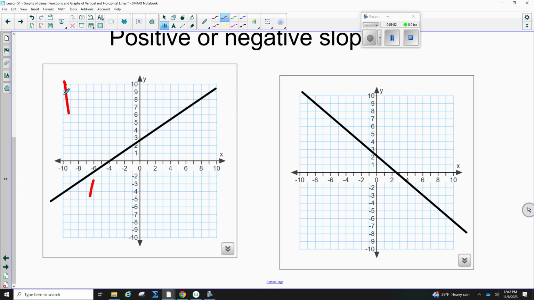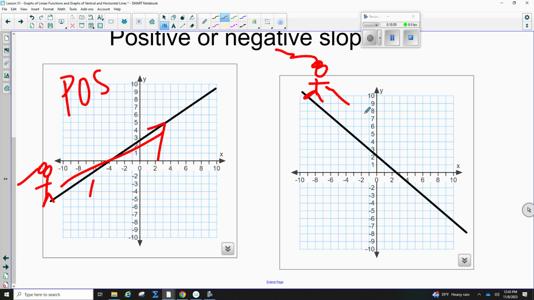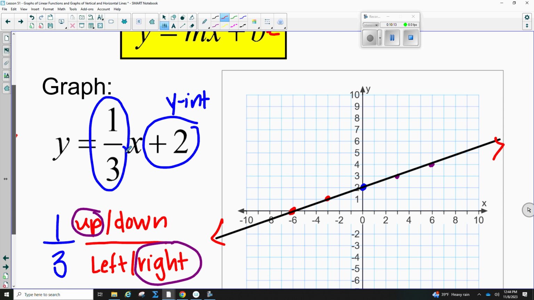You always read from left to right, and so put your little skier man, he's going uphill, that's a positive slope. And if you're going this way, skier man, he's going downhill, that is a negative slope. So in the last problem, I had a positive slope because 1/3 is positive. So this line should be going up, like the tilt is up.